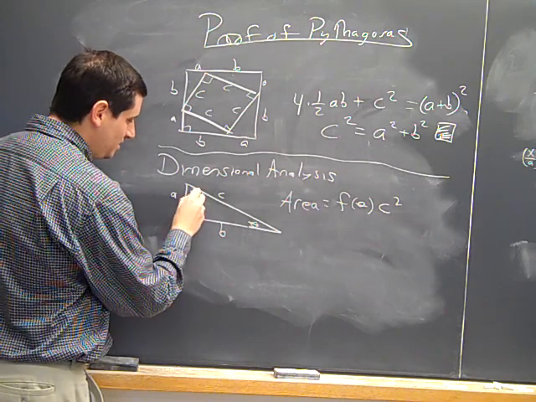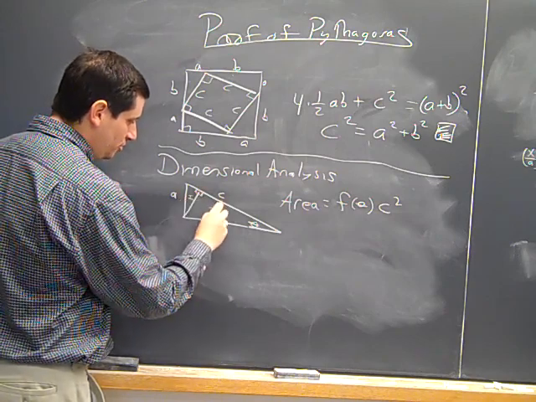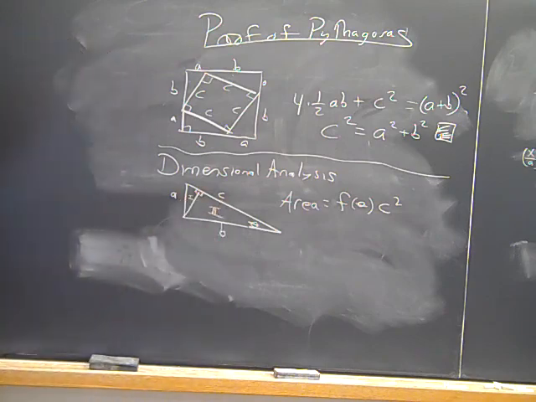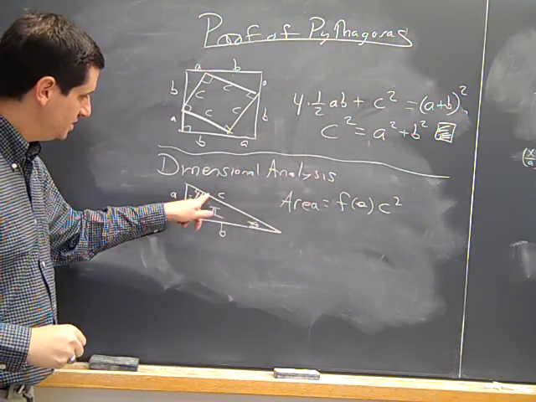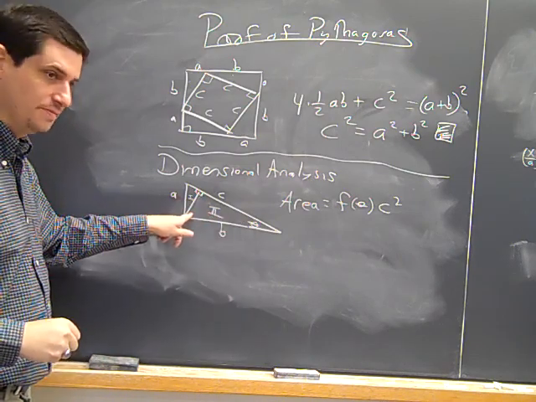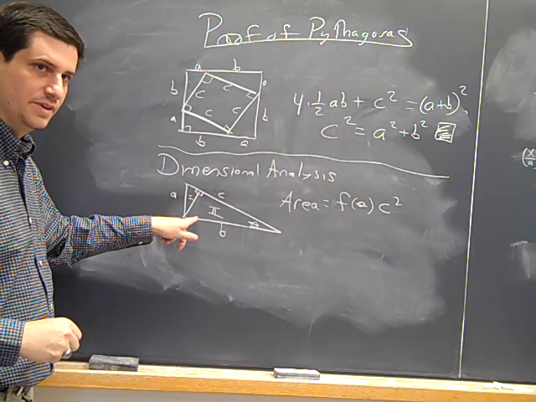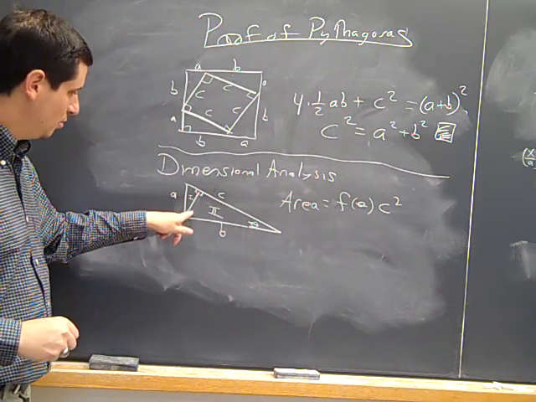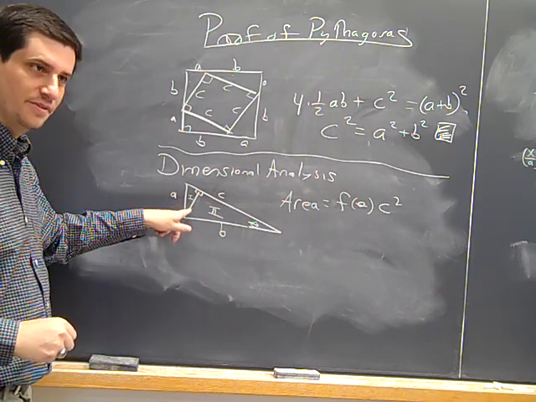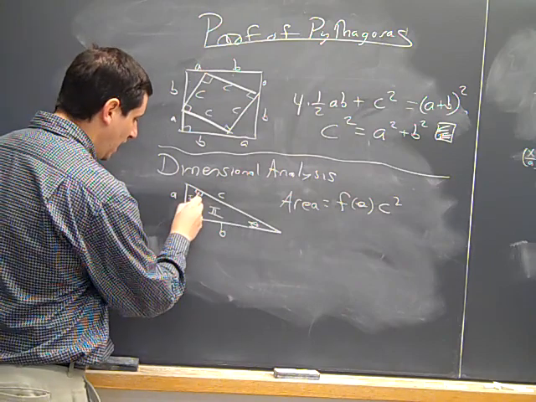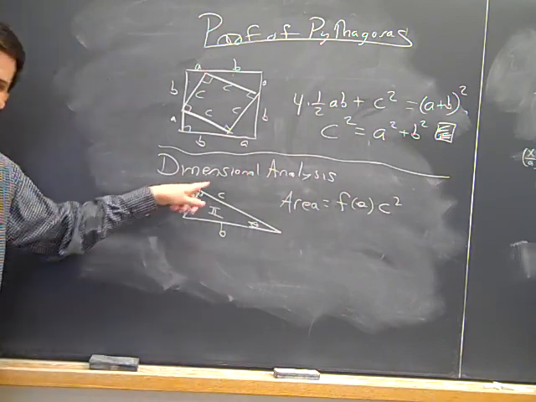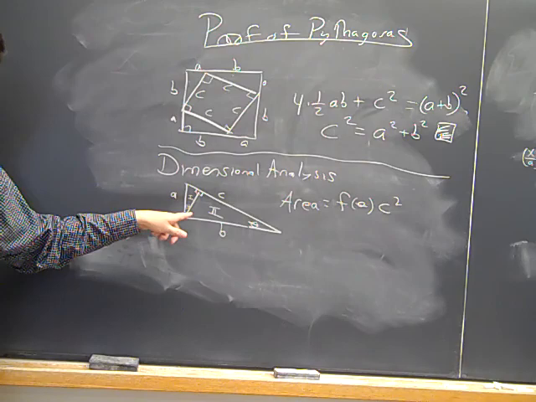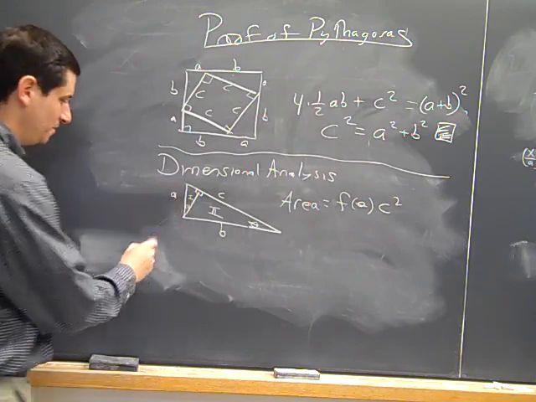So if I do this, I have little bitty triangle 1, medium triangle 2, and big triangle 3. If this is theta, this is 90, this angle here is 90 minus theta. What's this angle over here? Theta. So I have a little triangle, and it has an angle of theta. What's the area of the little triangle?